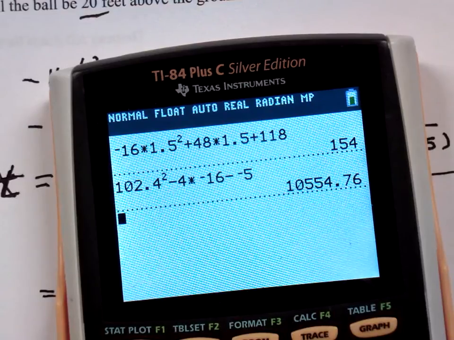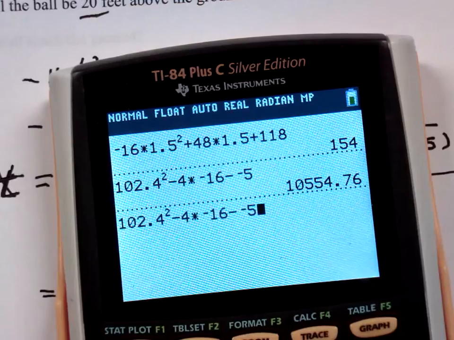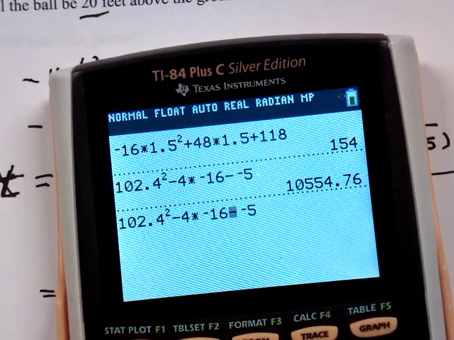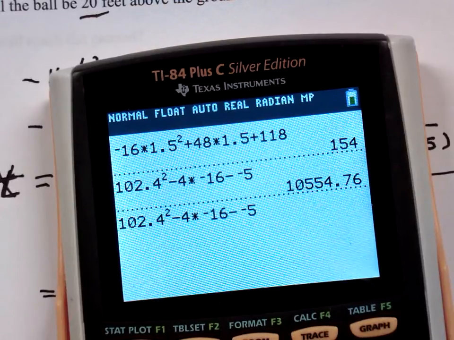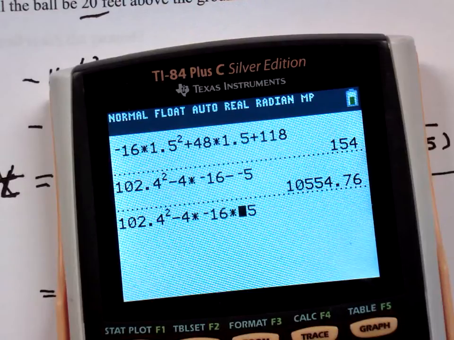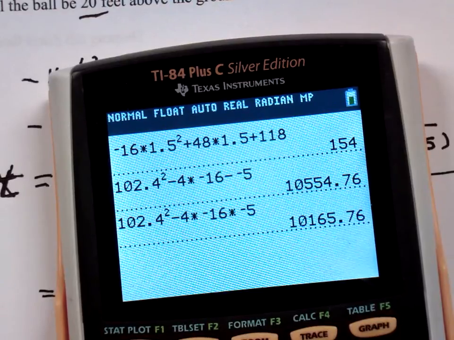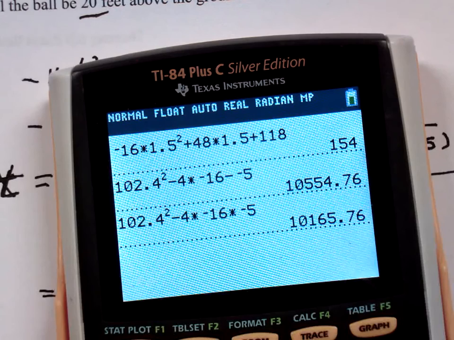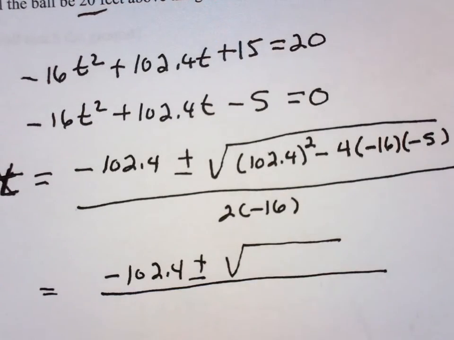I can understand if I use my other calculator. So it's 10165.76.